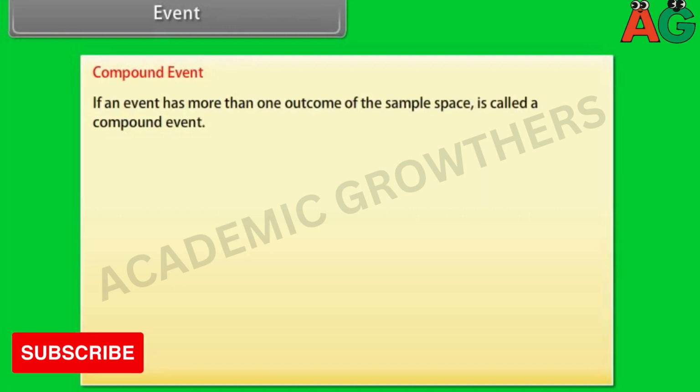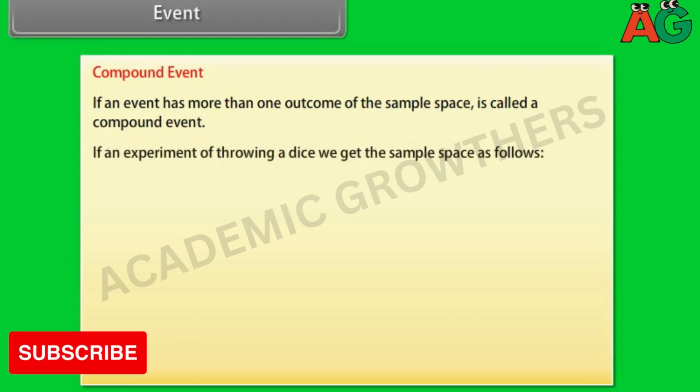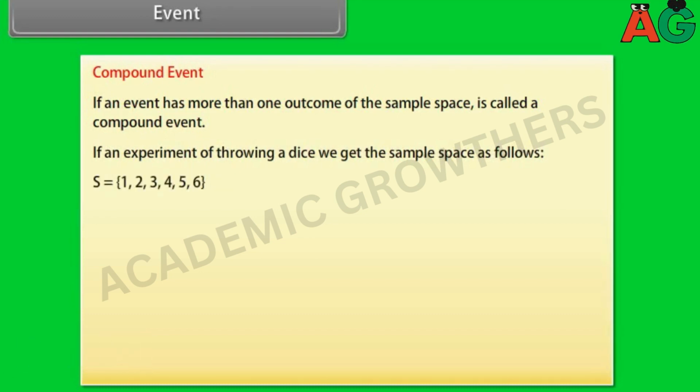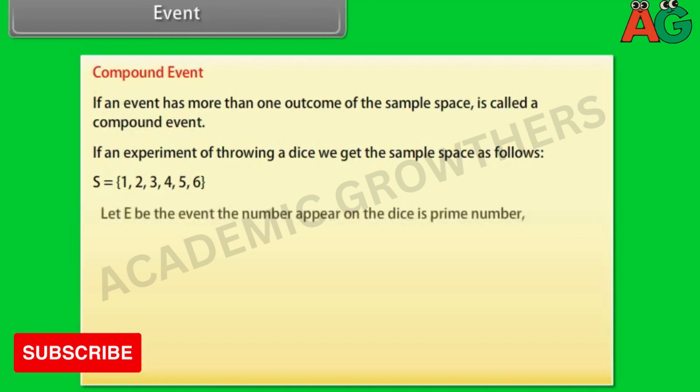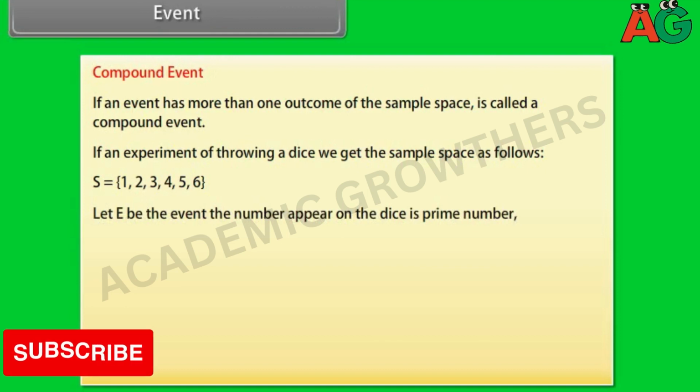Compound event. If an event has more than one outcome of the sample space, it is called a compound event. To understand it, let's take an example. In an experiment of throwing a dice, we get the sample space S = {1, 2, 3, 4, 5, 6}. Let E be the event that the number appearing on the dice is a prime number.